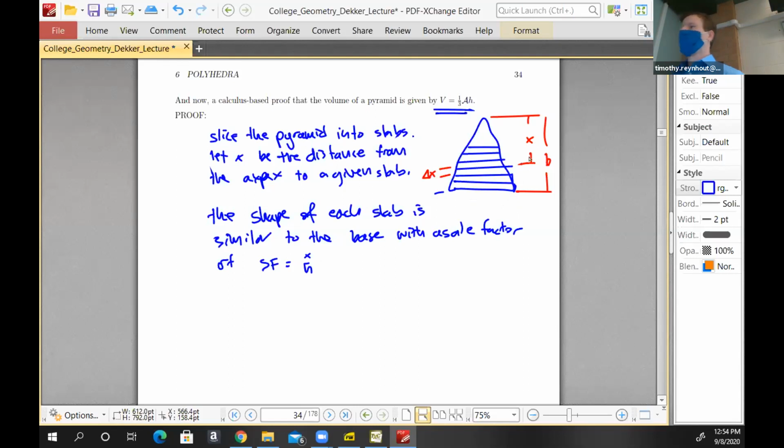As we get closer to the apex, the x value is smaller and the h stays the same, so the scale factor is smaller and smaller. We have something that's smaller and smaller compared to the base.